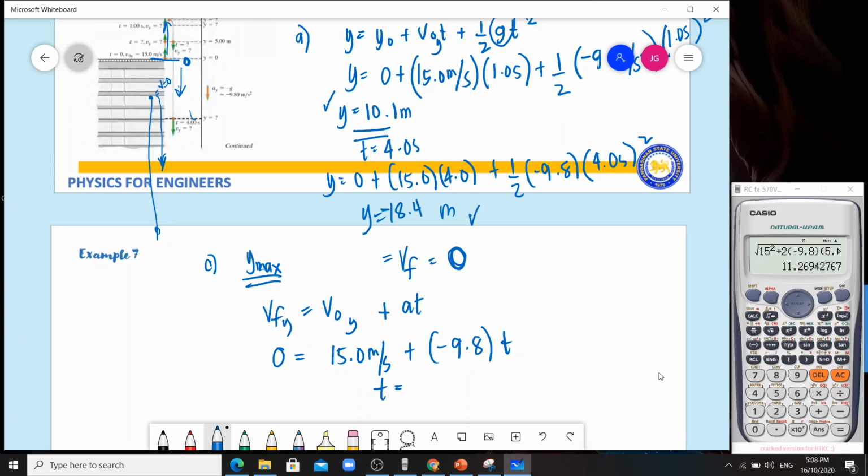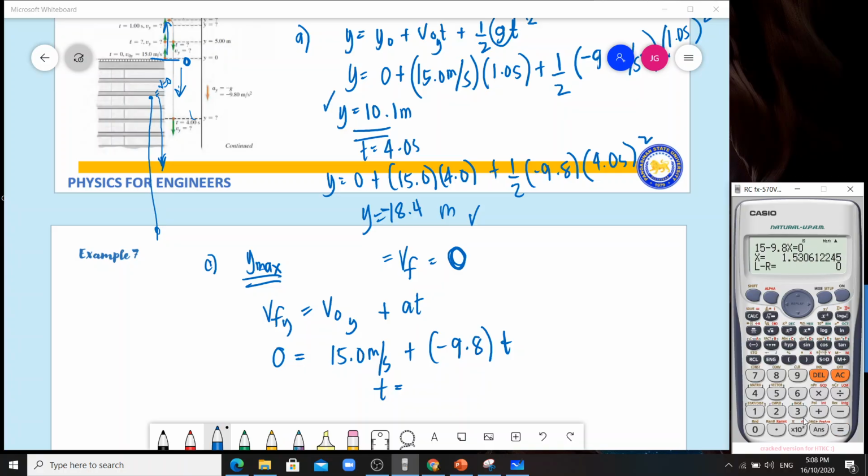So, kung i-compute natin, 15 minus 9.8 alpha x is equals to 0. Shift solve.